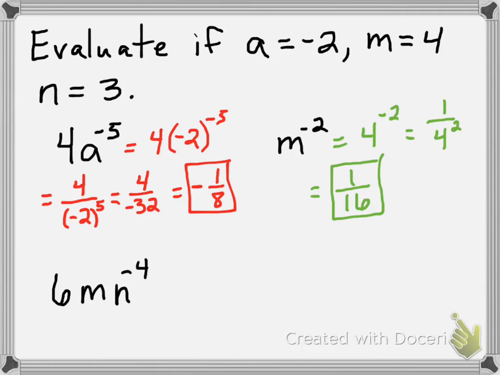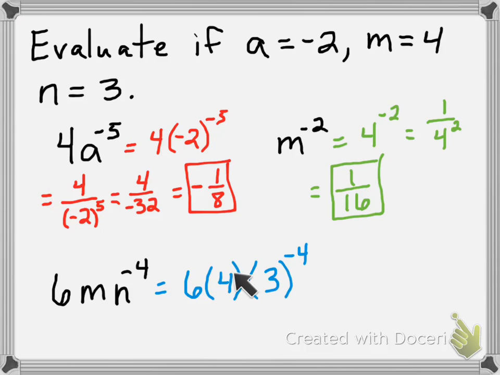And then for the last one, again, plug in my values first. So I have 6 times 4, because m is 4, times 3, because n is 3, raised to the negative 4th power. Now, again, the 6 does not have a negative exponent.